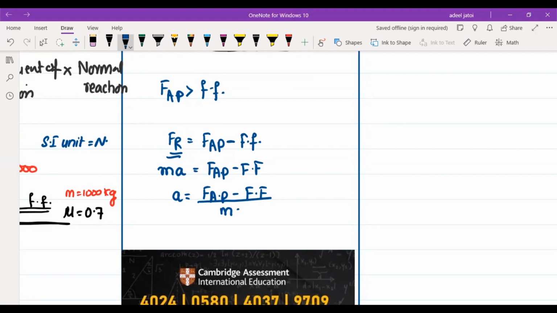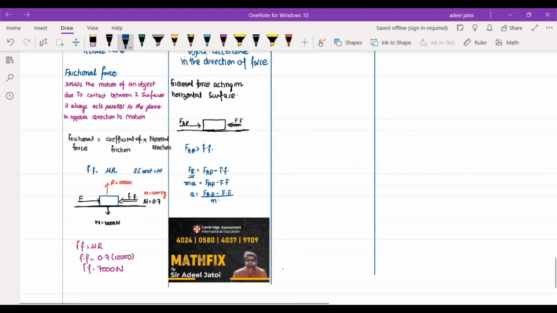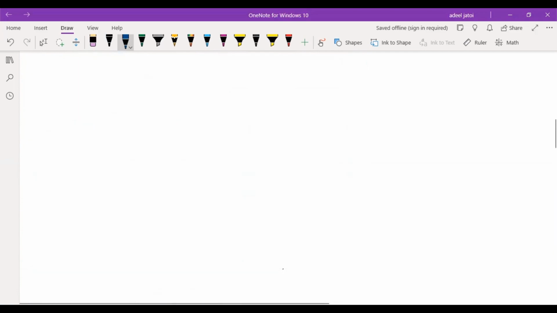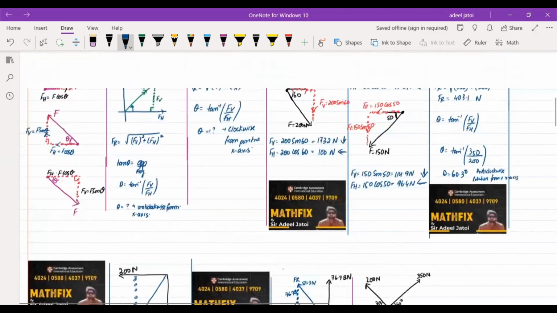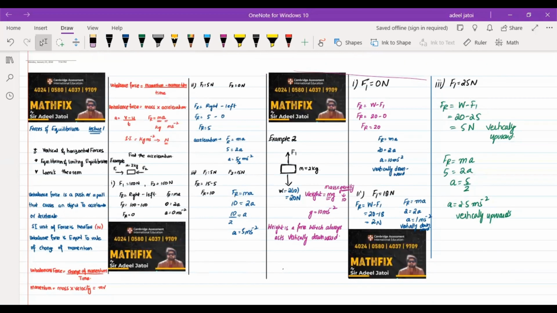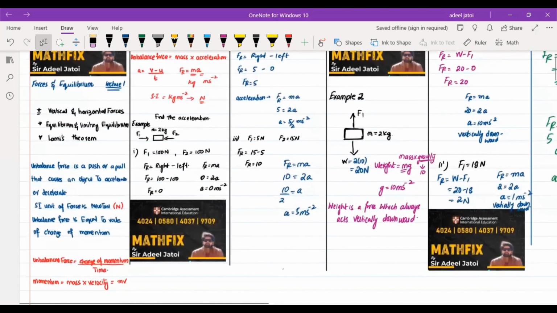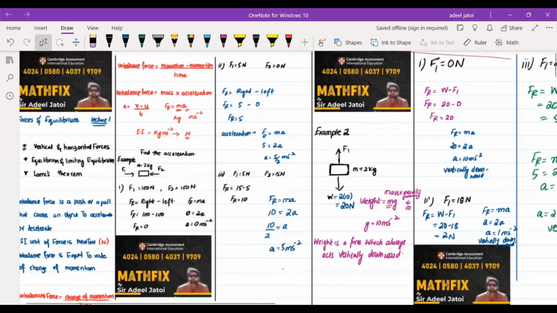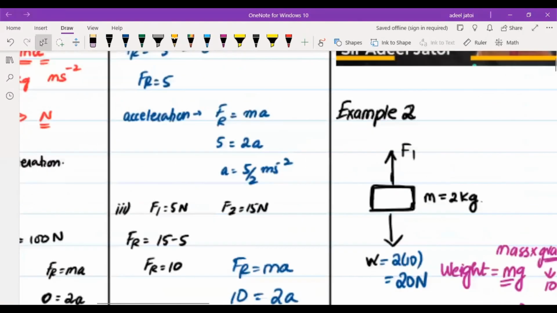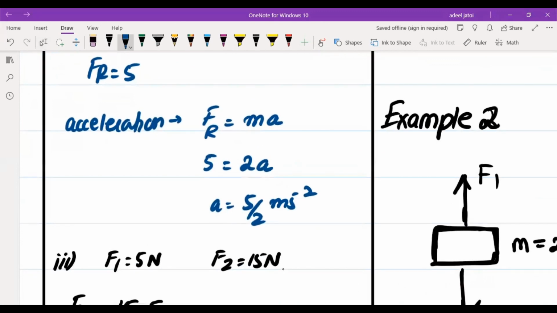Now you need to understand that the resultant force is equal to the applied force minus the frictional force. So the resultant force is also known as your MA, right? Initially, in lecture number 1, we worked upon the resultant force. We did FR is equal to what? MA. And what we used to do is divide FR by its mass to get the acceleration.